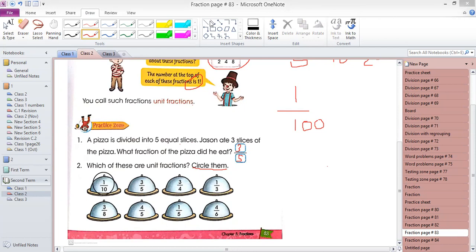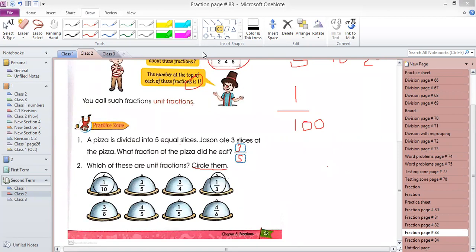1 over 3. Is 1 over 3 a unit fraction? Yes. Very good. So circle 1 over 3. Then 3 over 8. Is 3 over 8 a unit fraction?